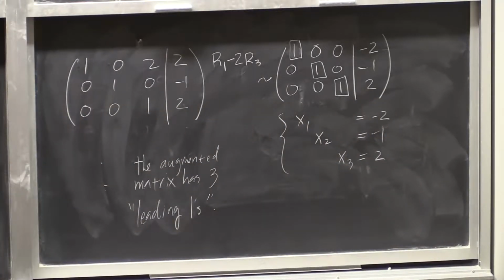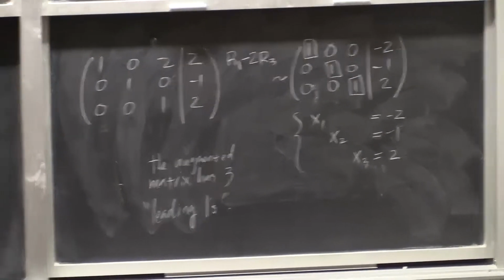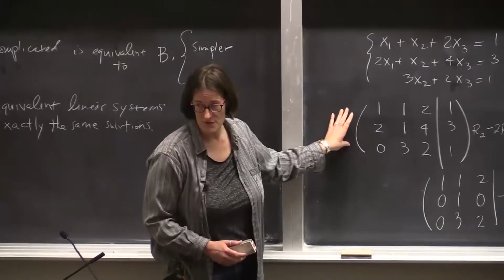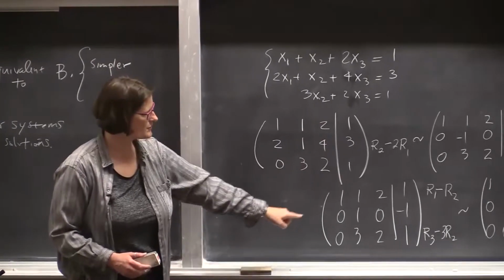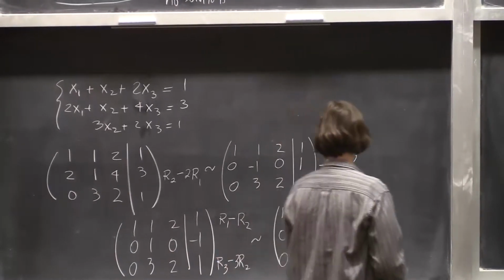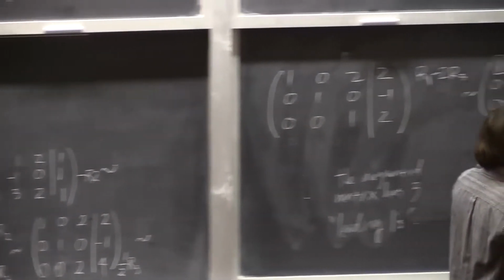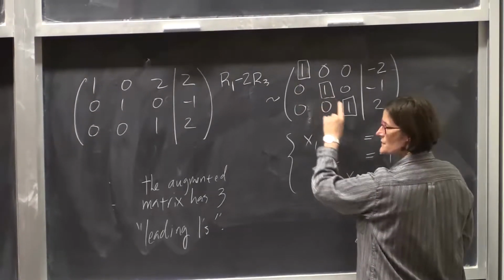Instead of just all ones for that identity there, what if they're scalar multiples of the one? Would that work as well? It'll work in terms of finding the solution. The thing that's interesting about these problems is everybody in the classroom would start with this matrix, and everybody might have their own procedure, a different path, but everybody will end up at the exact same place as long as we demand that these be ones.